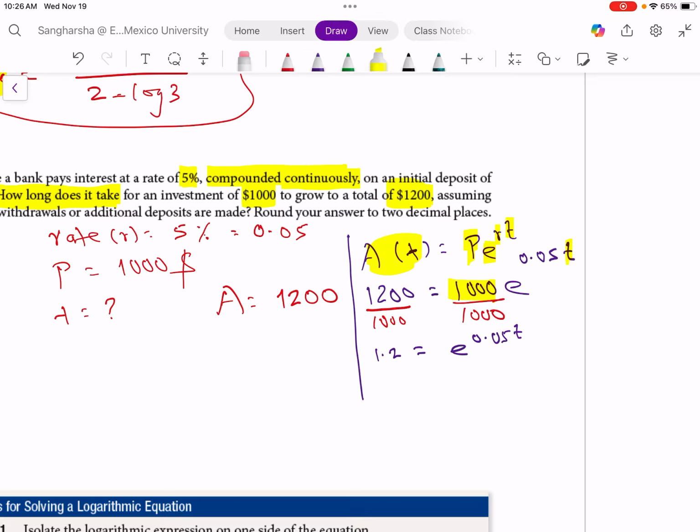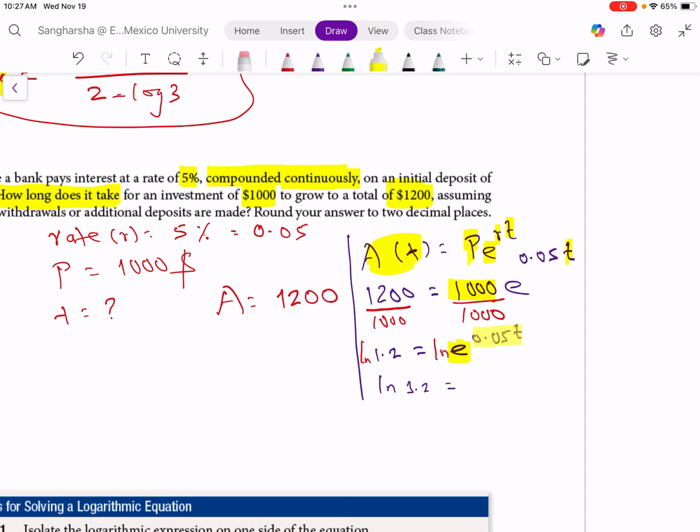Now, since we cannot make the same base, we take a log on both sides. Since the base is E, let's take the natural log on both sides, ln on both sides. Because our base is E here, it will be easy for us to simplify. So we have ln of 1.2 as it is, equals, now what is this?